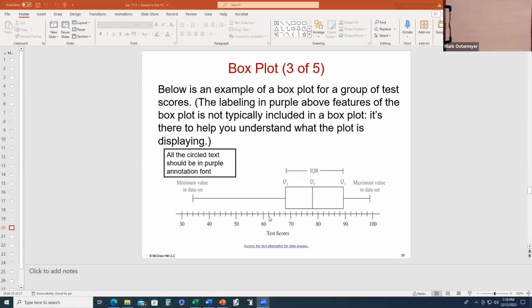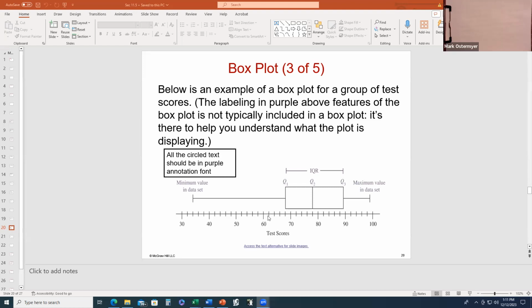Well, in between 60 and 70, there's 1, 2, 3, 4, 5. Let's see here, 5 tick marks to go from 60 to 70. And let's see, 2, 4, 6, 8. Well, there's 4 tick marks in between 60 and 70. And so each tick mark represents what? 2.